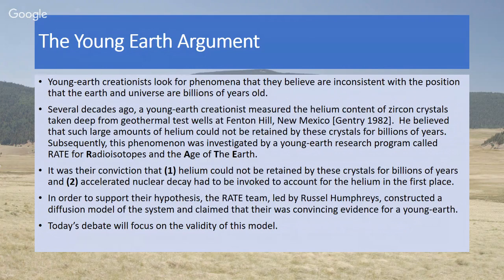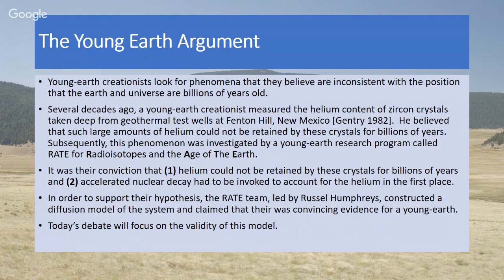In addition to the biblical argument, they want to look for scientific evidence. They want to look for phenomena that they believe is inconsistent with this position. Things that, if they can demonstrate, could not be sustained for a billion years, that would call into question the commonly accepted age of the Earth.